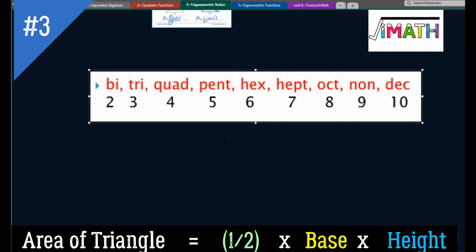If you ask me what the Latin prefix counting is, I would say, by closing my eyes: bi, tri, quad, penta, hexa, hepta, octa, nona, deca.